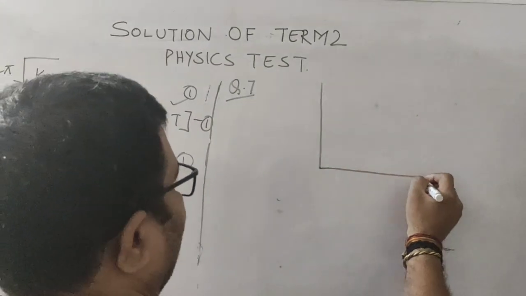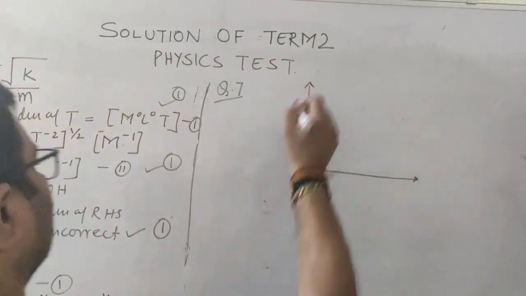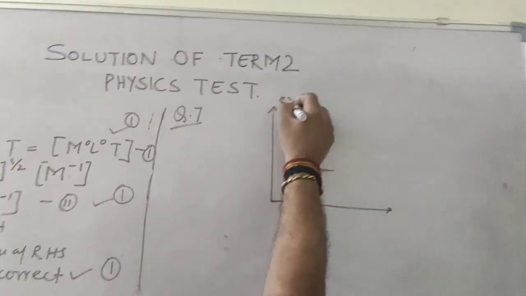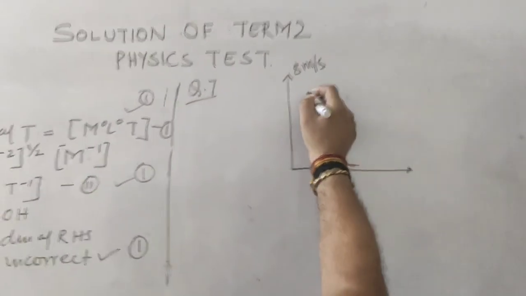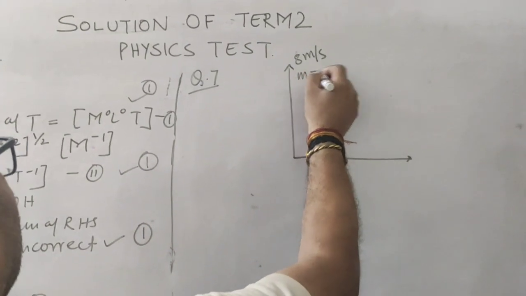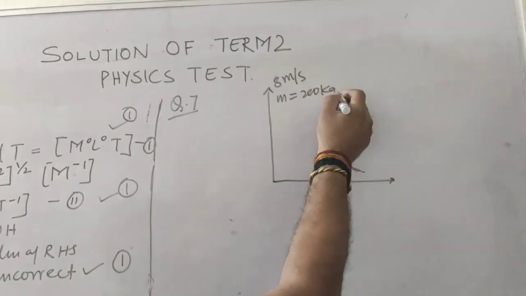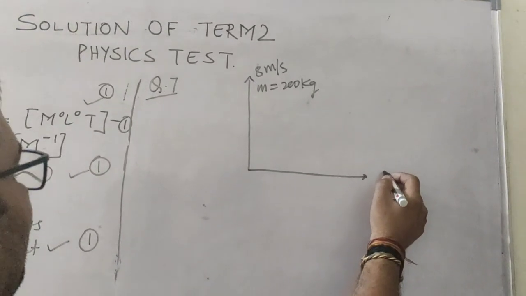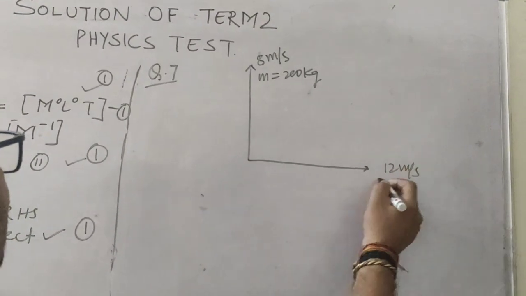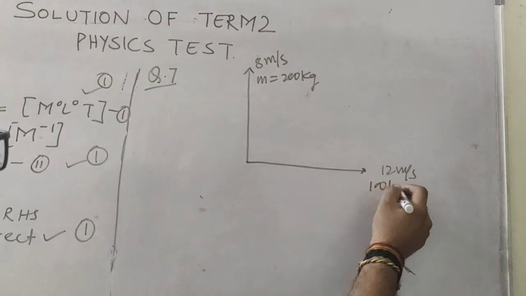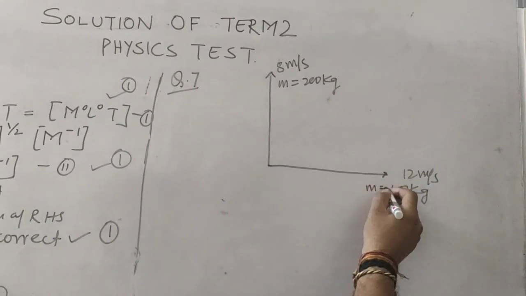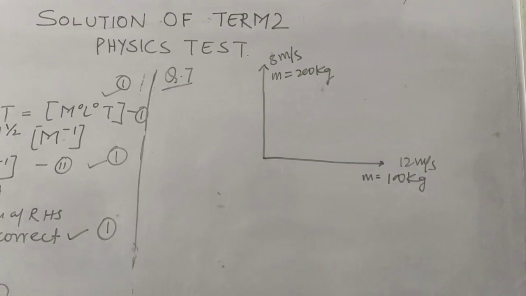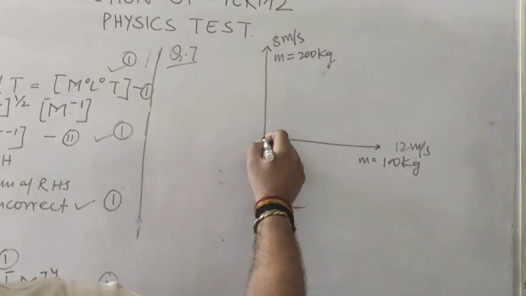You have to draw the diagram of the question. One part is moving with 8 meter per second, having mass 200 kg. Another part is moving with 12 meter per second, having mass 100 kg. The question is where the third part will go.